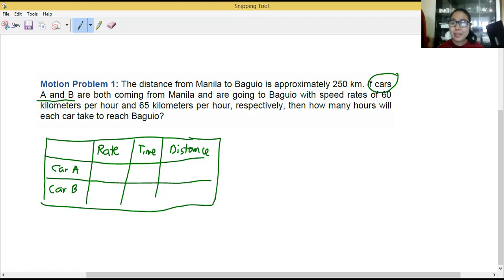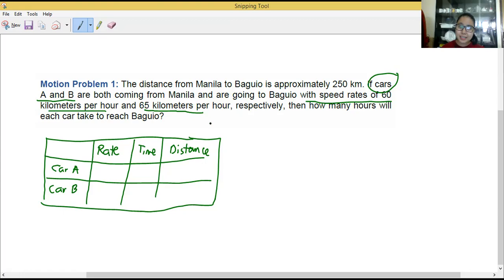Next, we fill out only one column. So let's read first the problem. Both cars have speed rates of 60 kilometers per hour and 65 kilometers per hour.